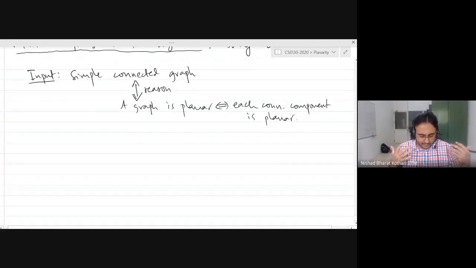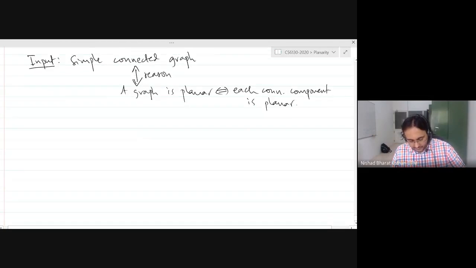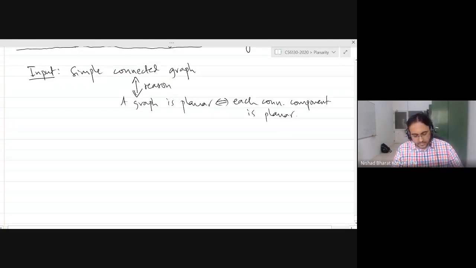If the graph is planar, then each component has to be planar. Or if the graph is non-planar, then there is at least one component that is non-planar. Right? All of these statements seem believable, right? You can write down a proof if necessary. But we are also going to assume that the graph is 2-connected. Can anybody tell me why we can assume that the graph is 2-connected?